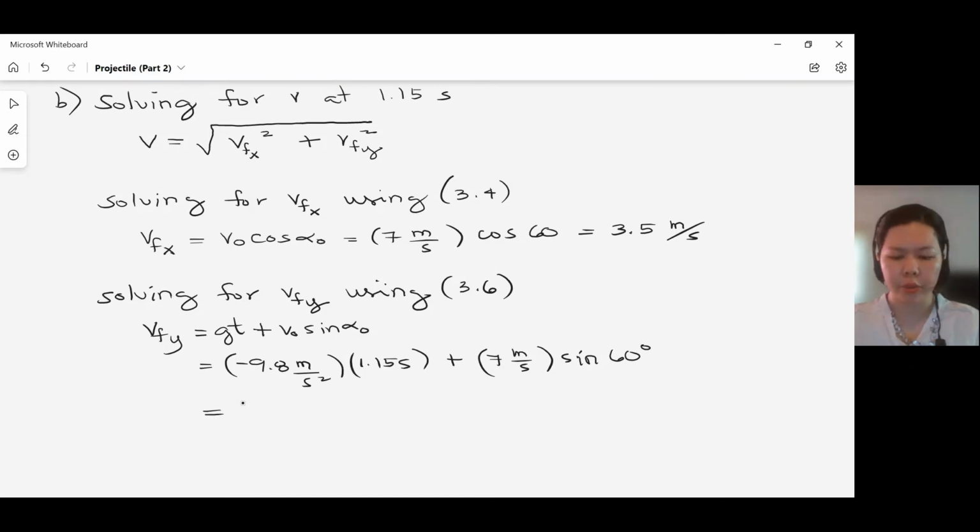Using your calculator, negative 9.8 times 1.15 plus open parenthesis 7 times sine 60 close parenthesis equals, you should get an answer of negative 5.2 meters per second. Or we can say 5.2 meters per second downward.